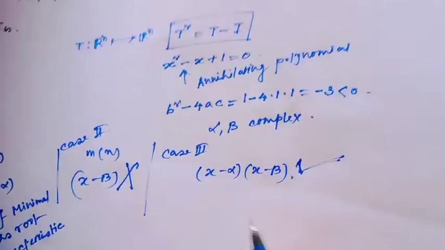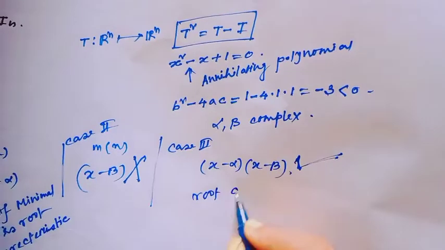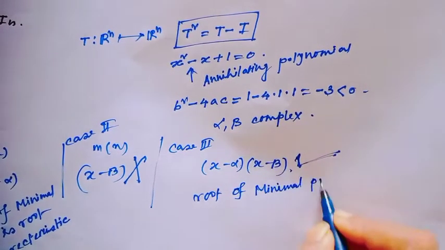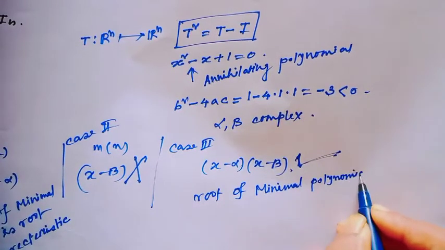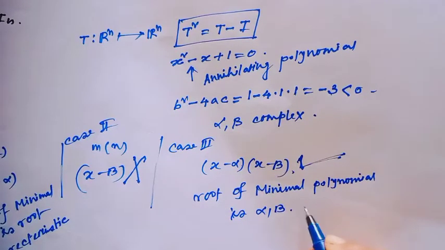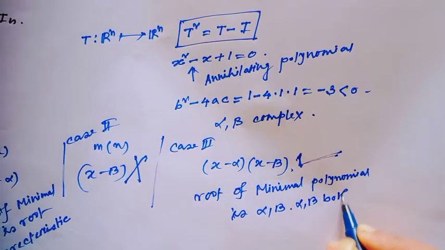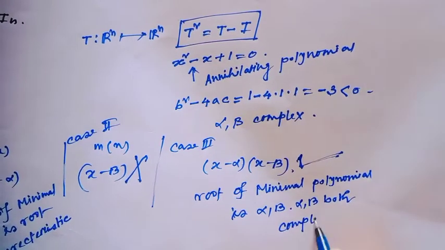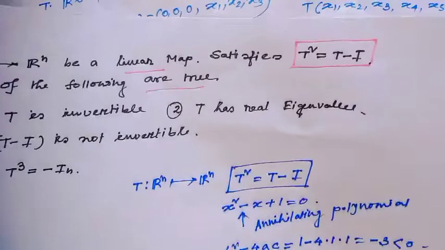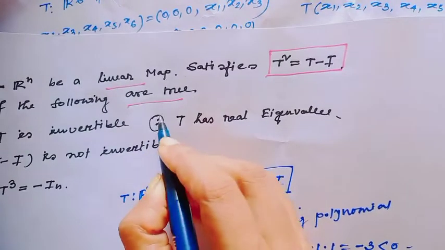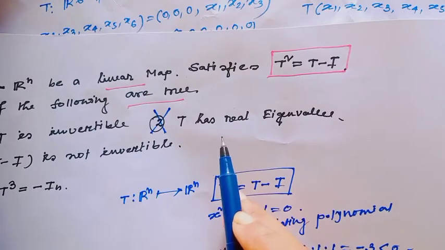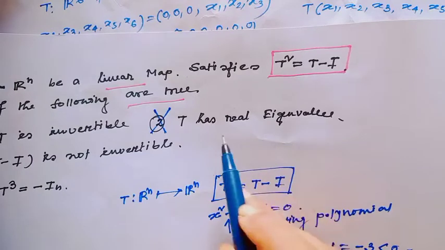And since the roots of this minimal polynomial are alpha and beta, where alpha and beta are both complex numbers, option 2 is a wrong option, because option 2 indicates T has a real eigenvalue. This cannot be possible.